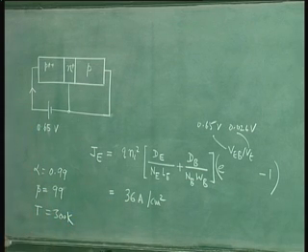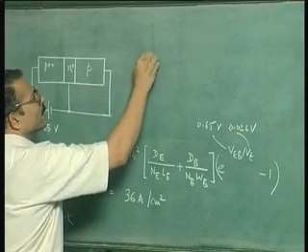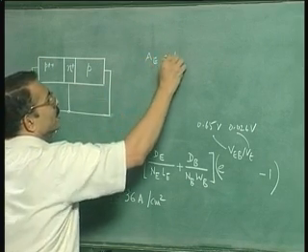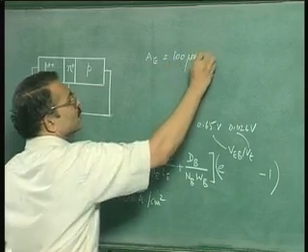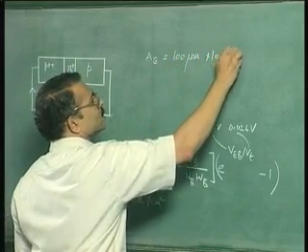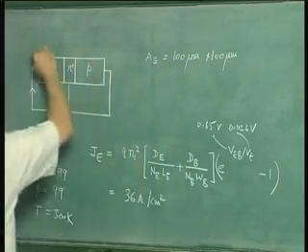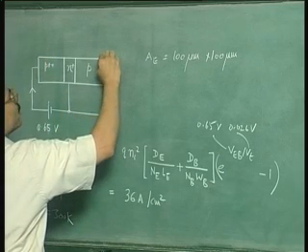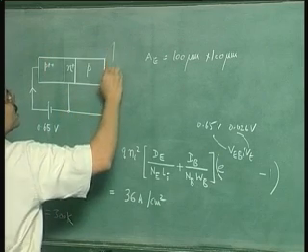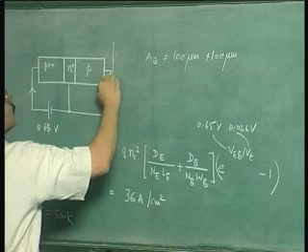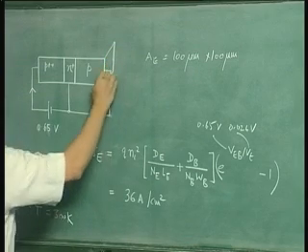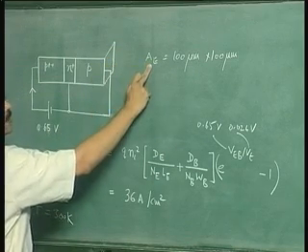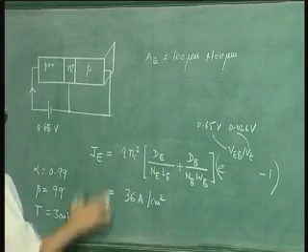This means that if your device has an area which is 100 microns by 100 microns, if AE is 100 microns by 100 microns, so imagine that this direction, area is in that direction, right? So that area we are talking about is 100 micron by 100 micron.